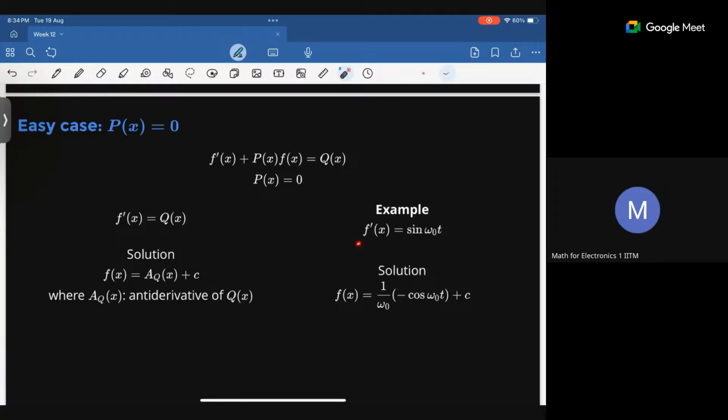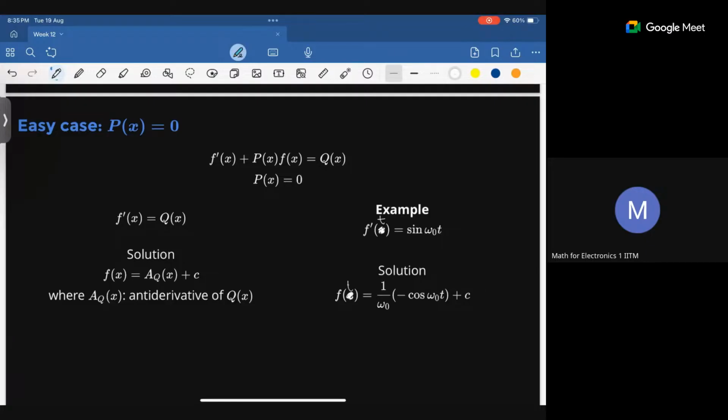So a simple example would be something like this. f prime of t is sine omega naught t.